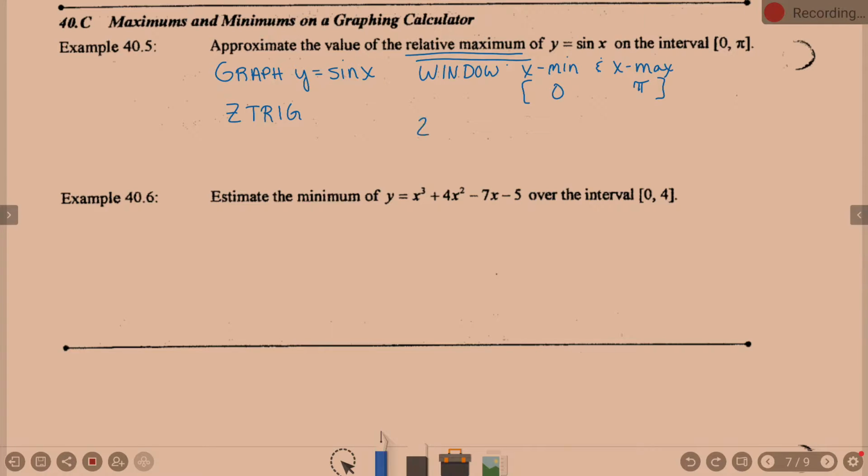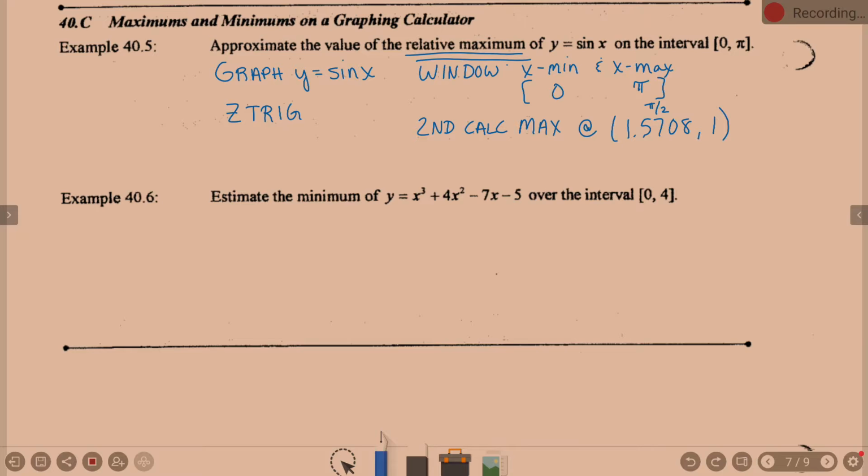Officially, in order to do this, I used my second calc max. And when I do second calc max, it says the max is at 1.5708, comma 1. The discussion was, what do we assume 1.5708 is? Pi over 2. They're not going to tell us pi over 2, but that's just a good one to know.